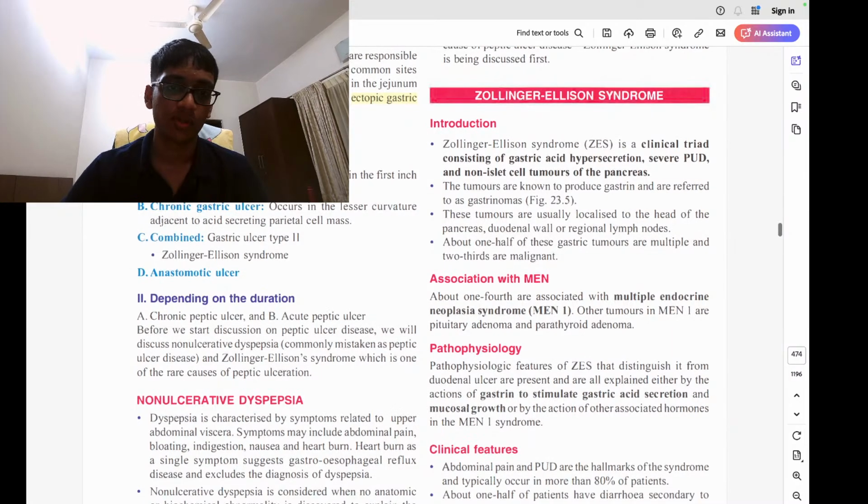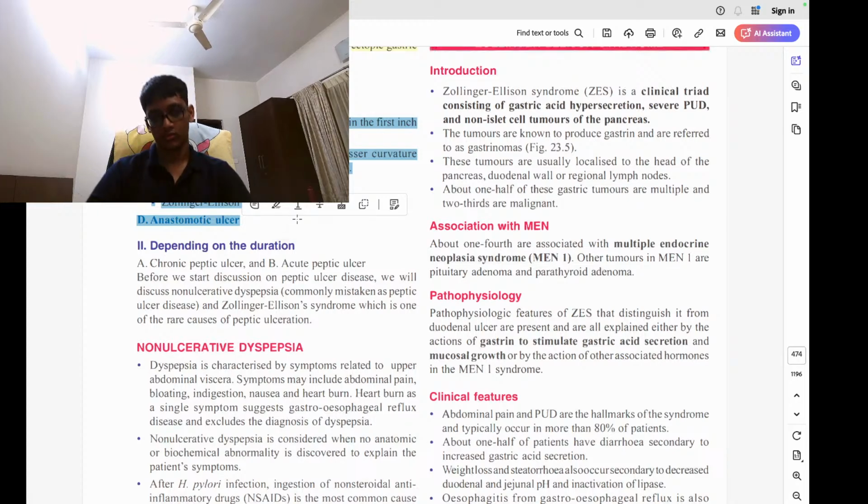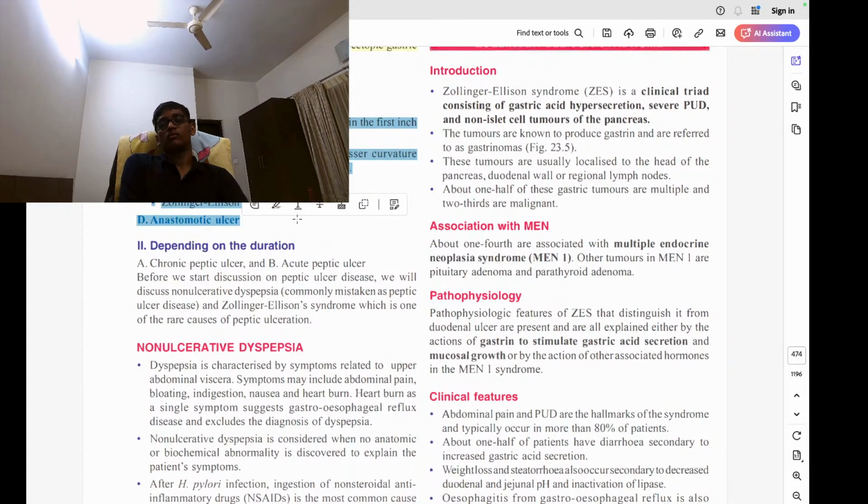Types of peptic ulcer. Depending on site, there is chronic duodenal ulcer and chronic gastric ulcer. Looking at duration, there is chronic peptic ulcer and acute peptic ulcer. This is an easy one.